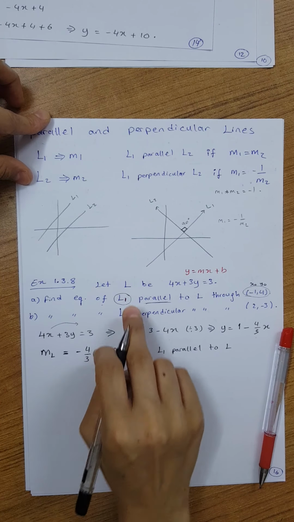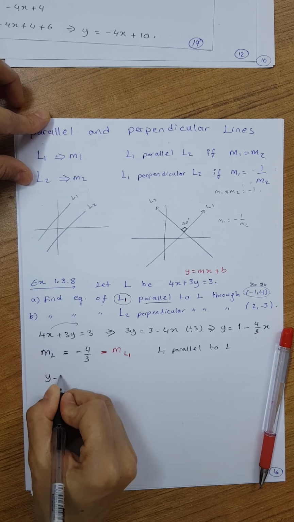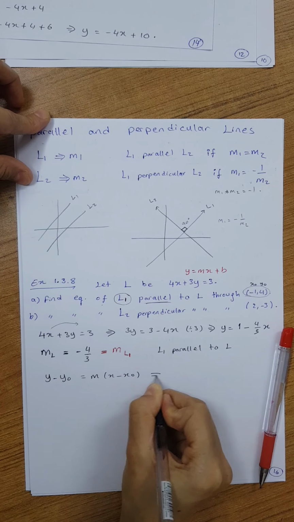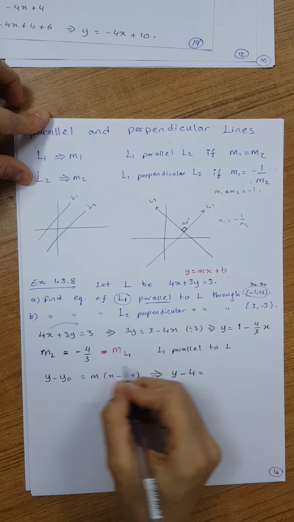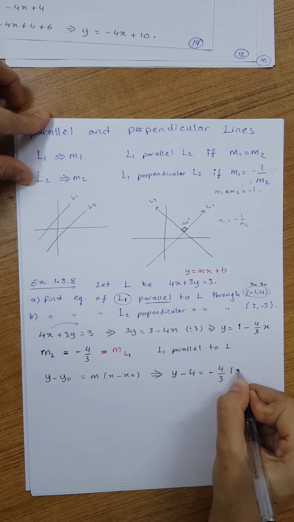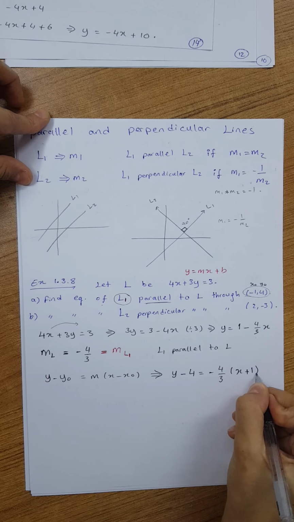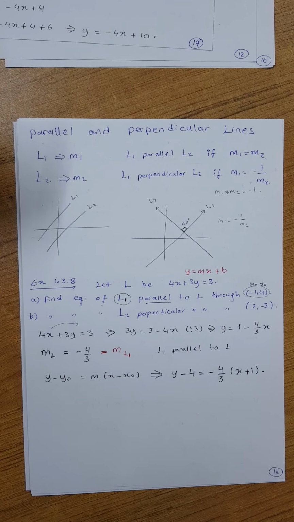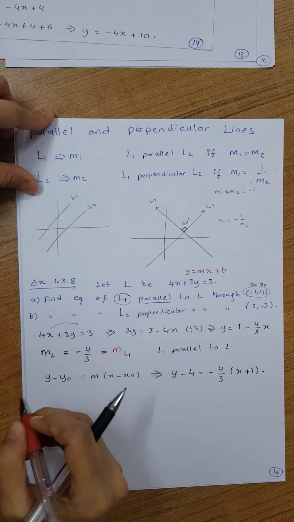Now I have got the slope of L1, I have got the point, so I can simply find the equation of the line. So y minus y naught is equal to m times x minus x naught. So y minus 4 is equal to minus 4 over 3 multiplied by x minus minus 1, so together it will be x plus 1. You can rearrange this one and you will get the equation of the line. So that was the first requirement.